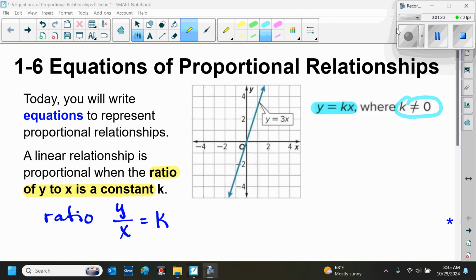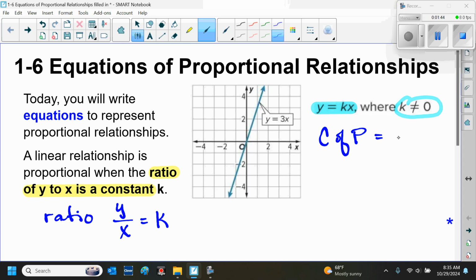Now remember, when we did our graphs, we had the unit rate, the constant of proportionality, which we called the C of P. It's always when x is equal to 1. In other words, it is at the unit rate.